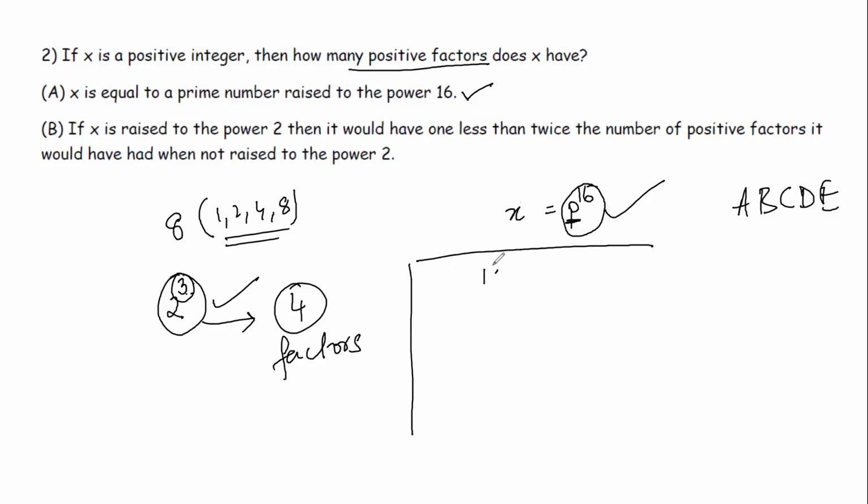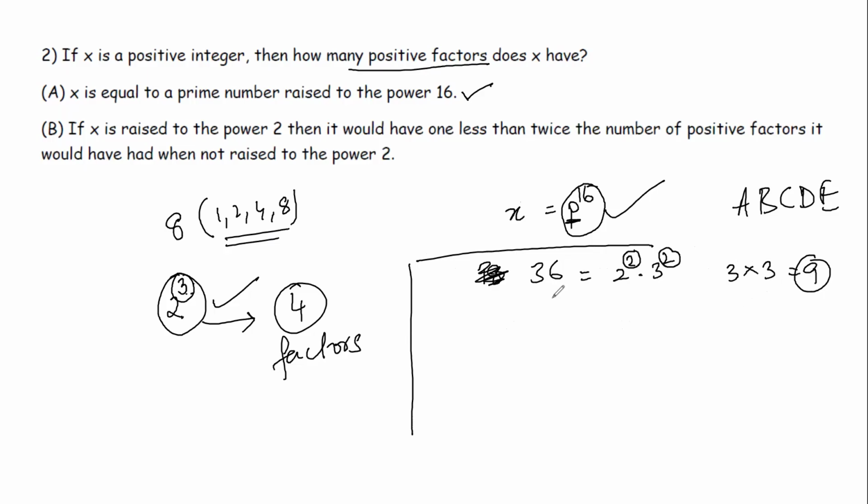Suppose the number was 18, or 36. Let's make it 36. Then 36 is 2 to the power 2 into 3 to the power 2, correct? 2 square into 3 square. So how do we find out the number of positive factors? 1 more than 2 is 3, 1 more than 2 is 3, and you multiply them. You don't add them up, you multiply them.